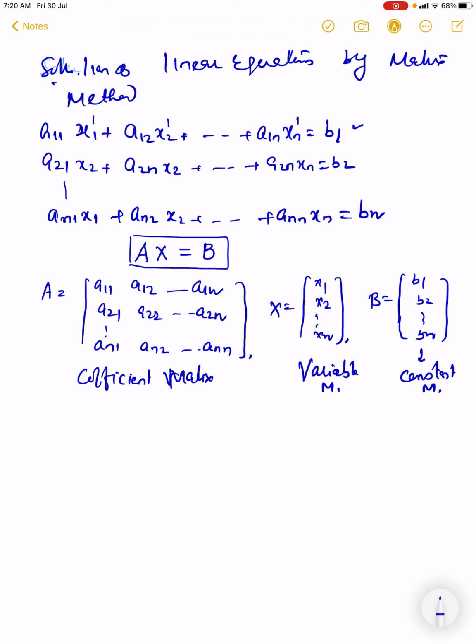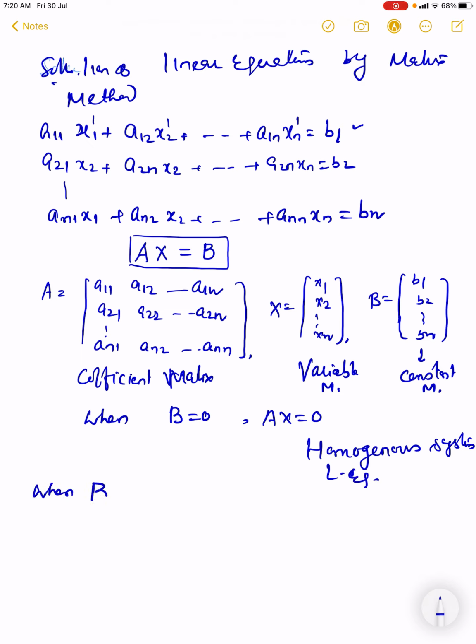On the basis of this, we can divide the system into two parts. When B is equal to 0, the system AX equal to 0 is known as a homogeneous system of linear equations.